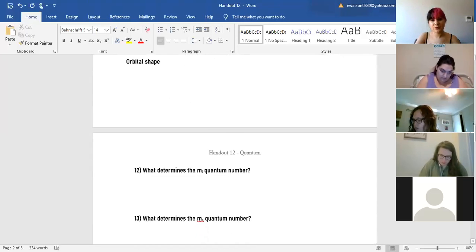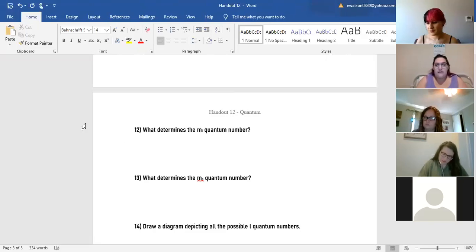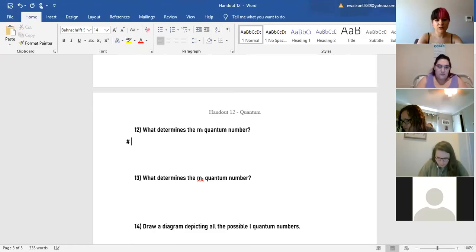Okay, here's where it stops getting so repetitive. What's going to determine our M sub L quantum number? The number of electrons, or if you like, the orbital diagram.